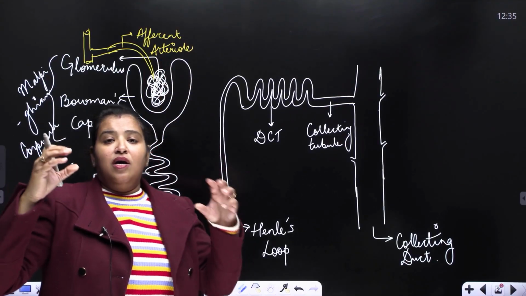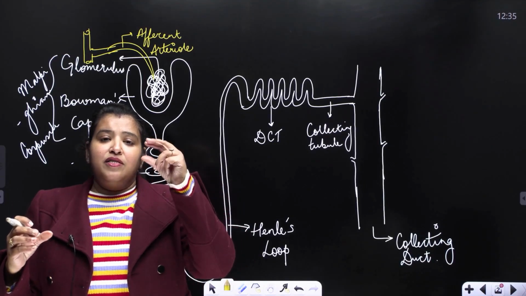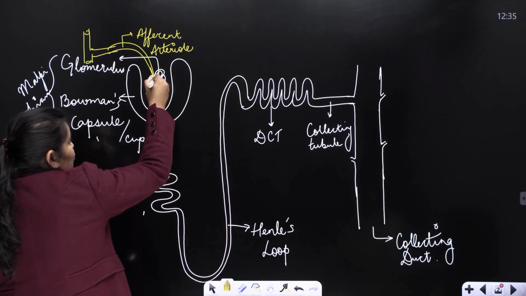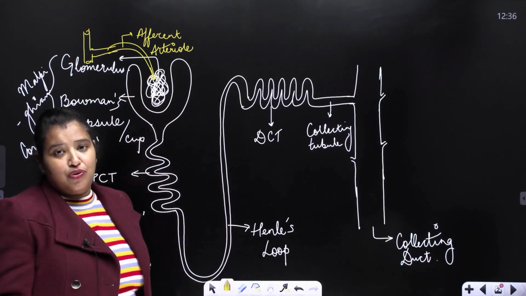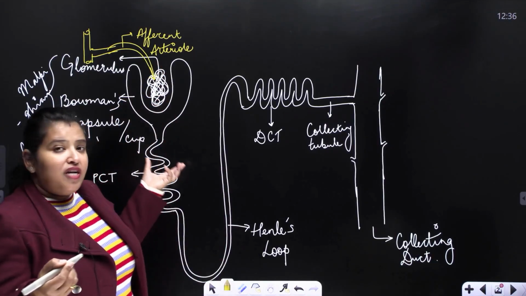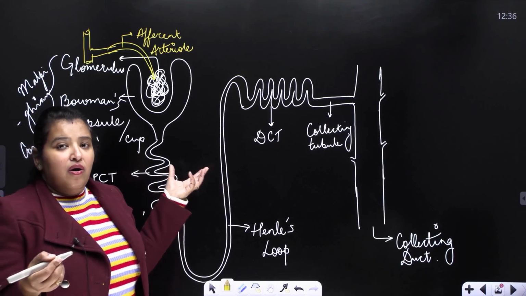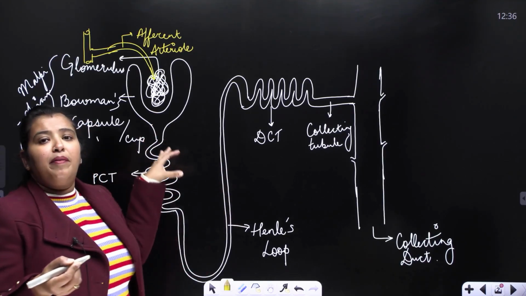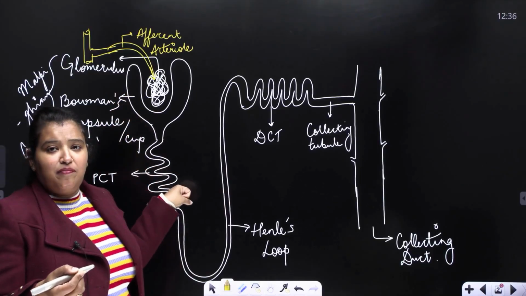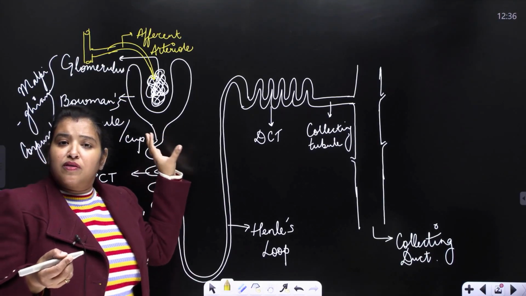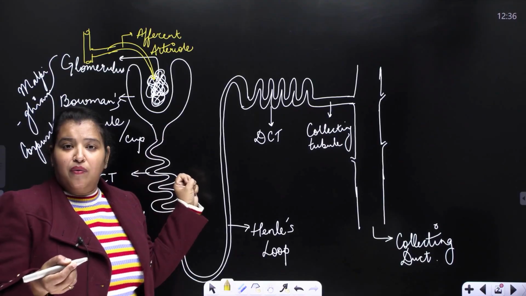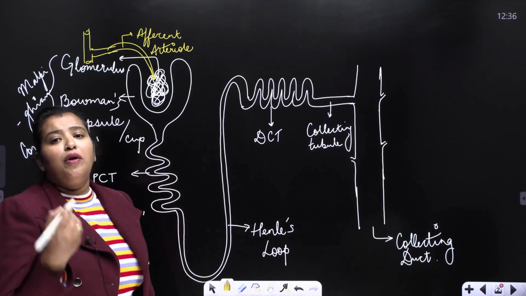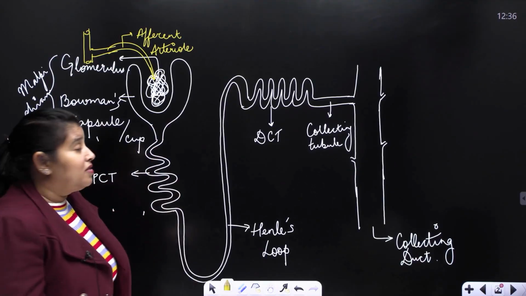Because this blood vessel is bringing the blood towards the glomerulus. So this term afferent is used. After the filtration has taken place, all right, we'll discuss the formation of urine separately. But here you need to remember, after the filtration has taken place, most of the content of the blood is filtered out. But some of the proteins which are large enough cannot be filtered out and they remain in the blood itself.